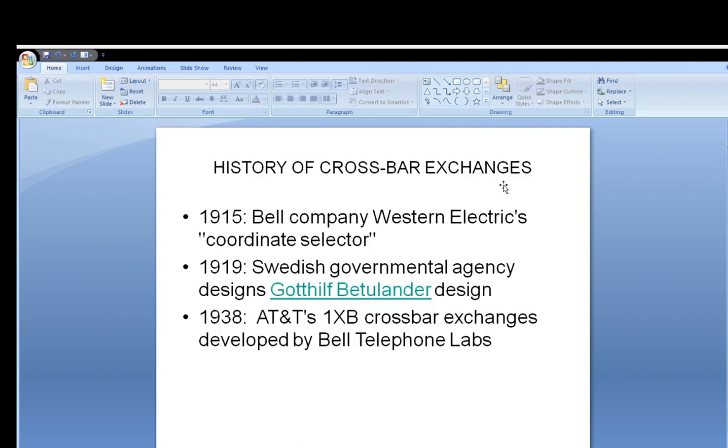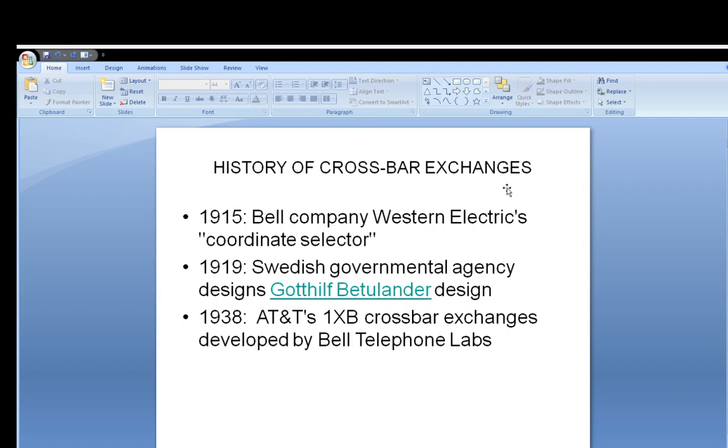So this is related to some historical points. In 1915, Bell Company Western Electric developed the coordinate selector. In 1919, the Swedish governmental agency designed the Betulander design. It was in process to develop a crossbar switching system, and finally in 1938 AT&T, a well-known company, developed crossbar exchanges through Bell Telephone Labs.